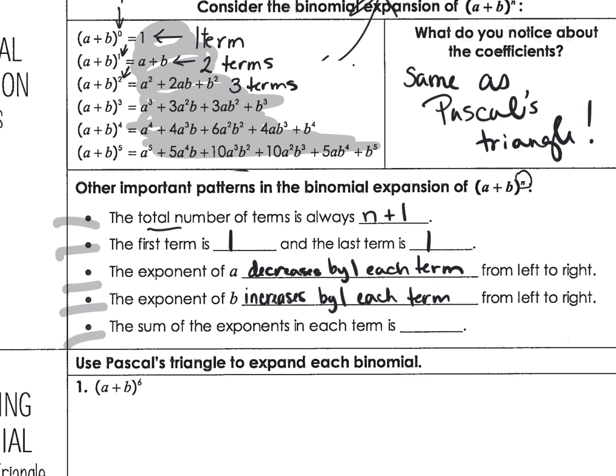So what's the total of the exponents for each term going to be each time? Whatever n is. So the sum of the exponents in each term is n. If one of them's 4, the other one must be whatever you have to add to get to n. So how do we expand a binomial?